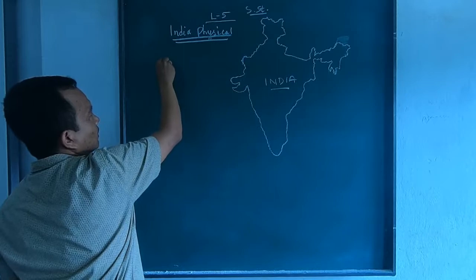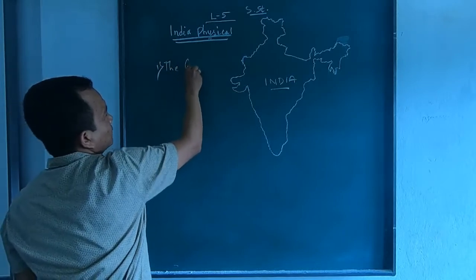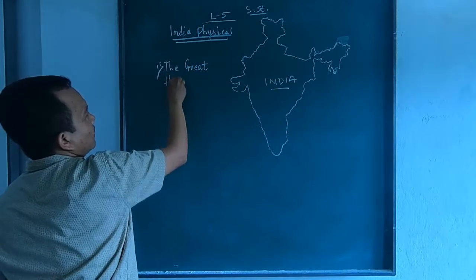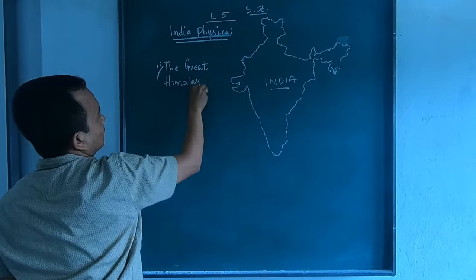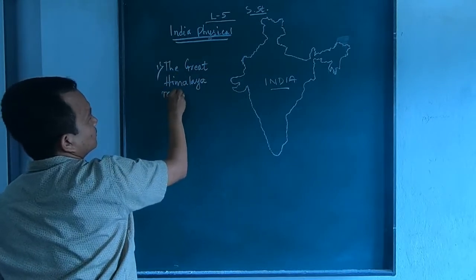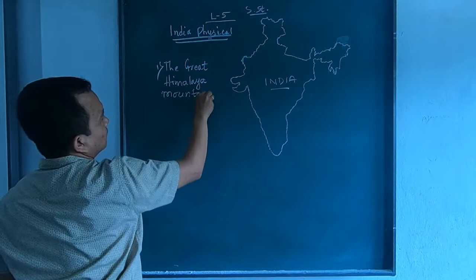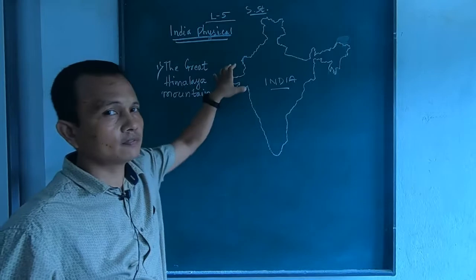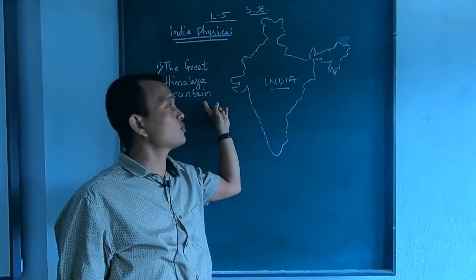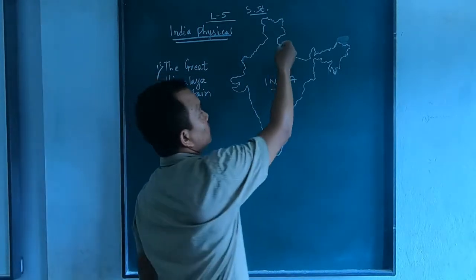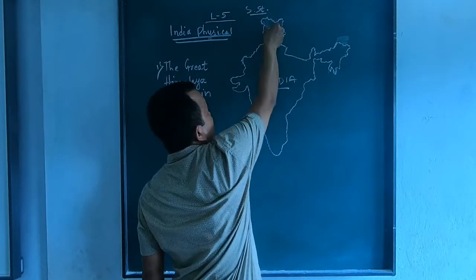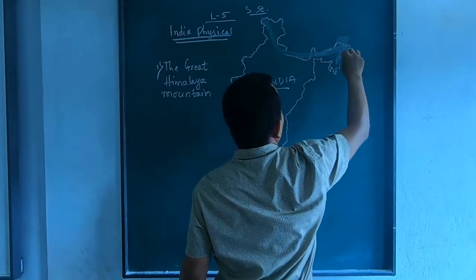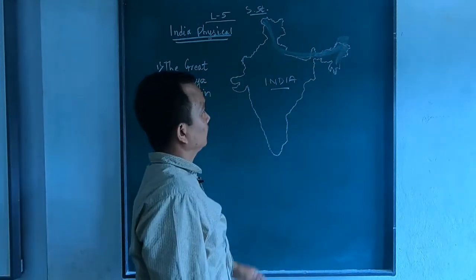Number 1, the Great Himalaya Mountain. So when you say Himalaya Mountain, it covers the areas starting from Jammu Kashmir to the northeastern states.